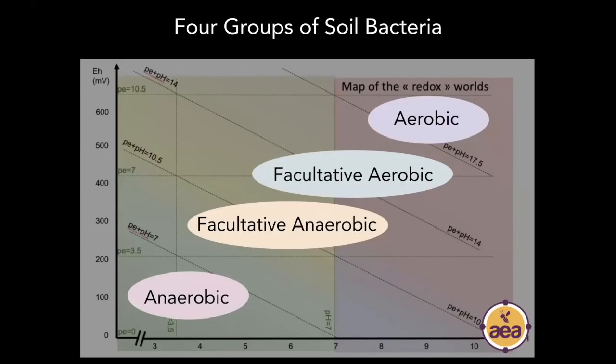Also, these aerobic bacteria on the upper right side of the chart are the disease-enhancing bacteria. In other words, they make diseases worse. In fact, many pathogens are in this group: Fusarium, Verticillium, Phytophthora, Pythium, and so forth. There are exceptions, but many of these organisms are oxidizers.